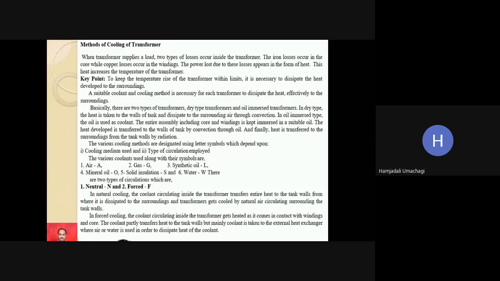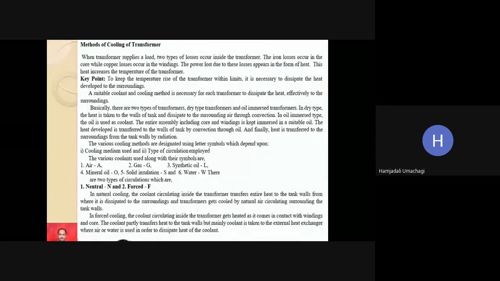So usually in the force method, we force some coolant, which will be either air or gas or some synthetic oil or mineral oil. When I forcefully inject these coolants, whenever they come in contact with the heated core or the heated windings, they carry the heat.